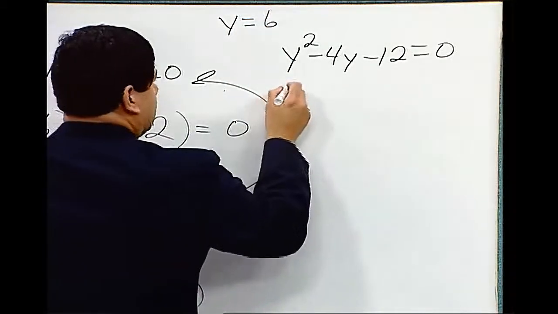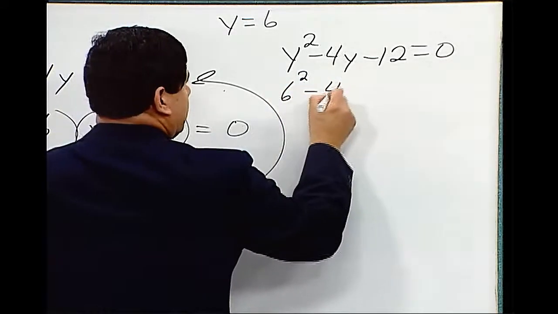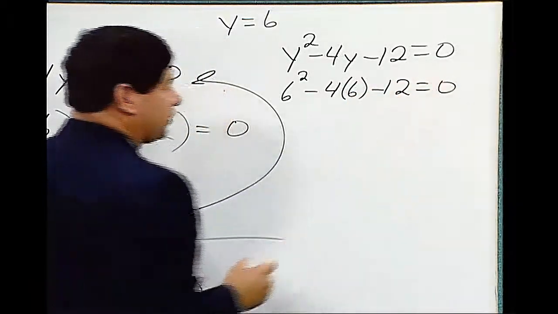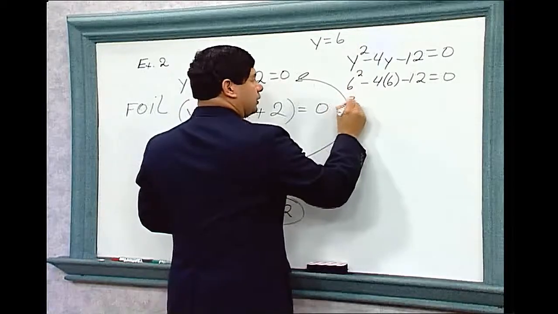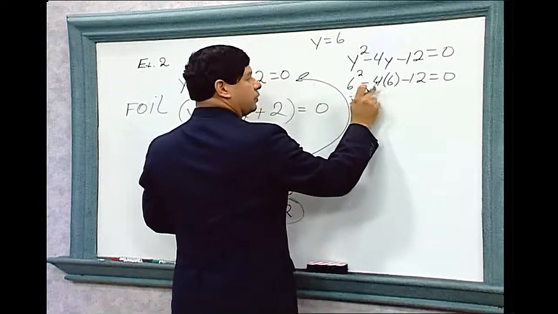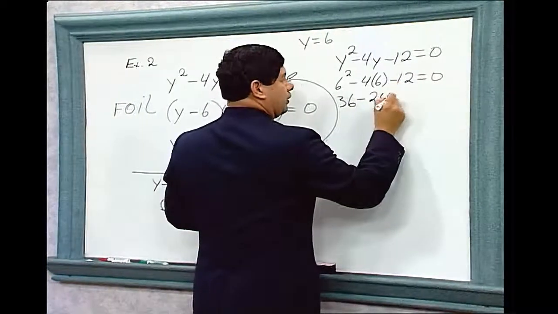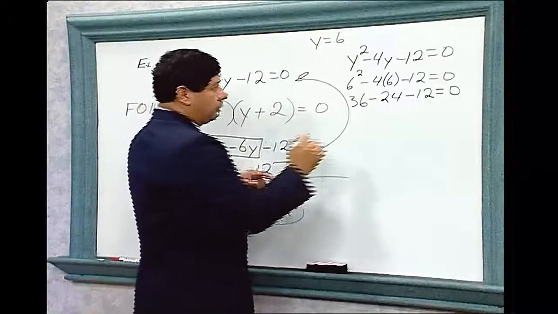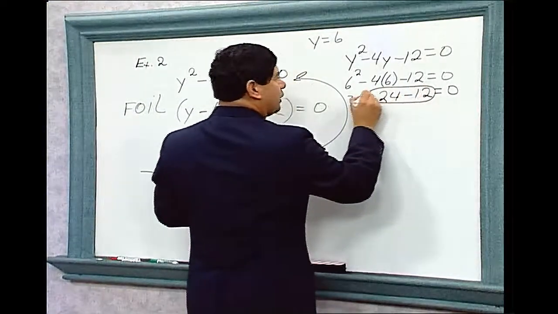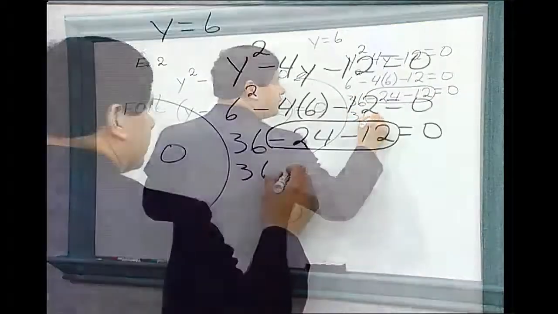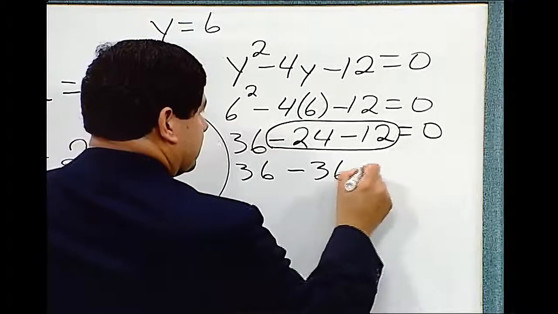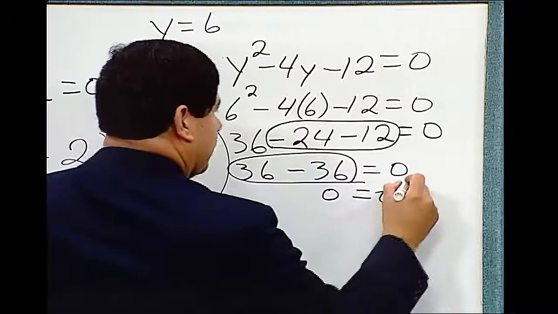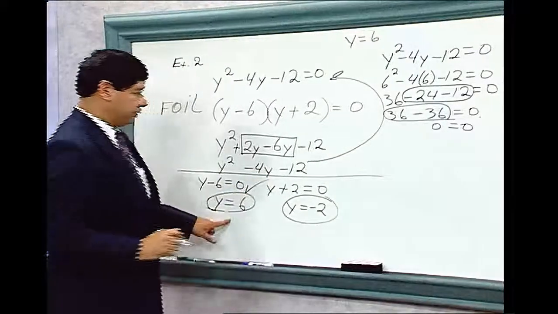This is plug in what we know. 6 to the second power minus 4 times 6 minus 12 is equal to 0. 6 to the second power is 36, minus 4 times 6 is 24, minus 12 is equal to 0. Well, let us combine any terms here that we know we can. We have a negative 24 and a negative 12. So we have 36 minus 36 is equal to 0. And 36 minus 36, 0 is equal to 0. That checks out. So we know this is a solution to it.